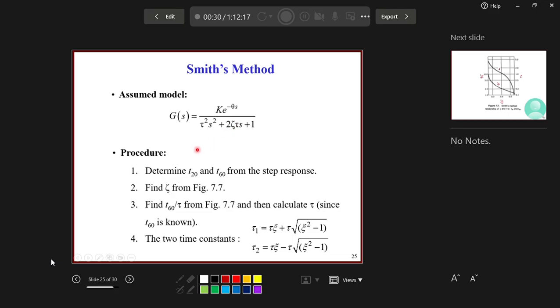Here we need to find 2 times, T20 and T60, from the step response data, and from these values we use figure 7.7 in your textbook to find the value of zeta and also the value of tau. Once we have found tau and zeta, we can calculate the time constants tau 1 and tau 2 using these two equations.